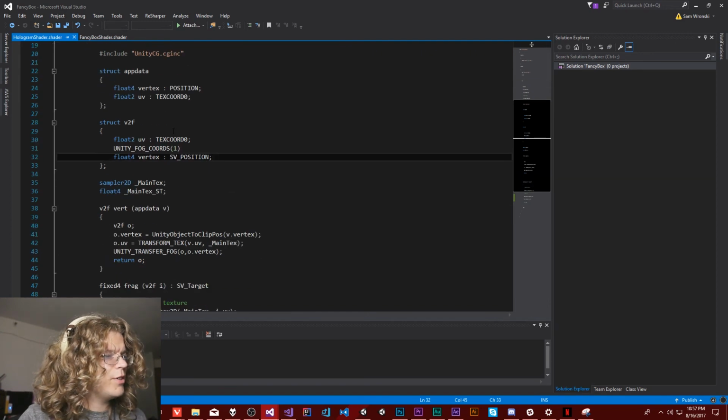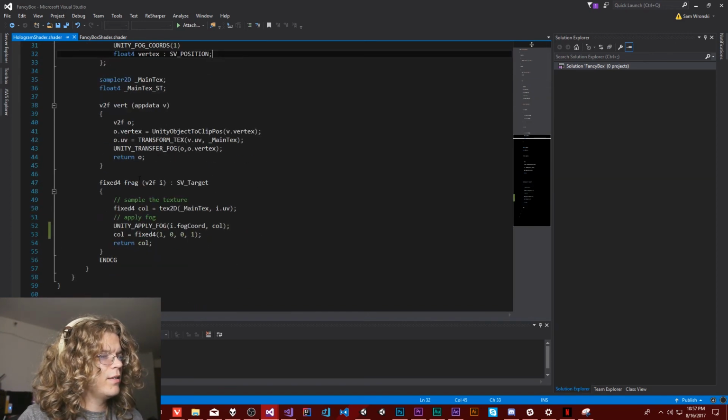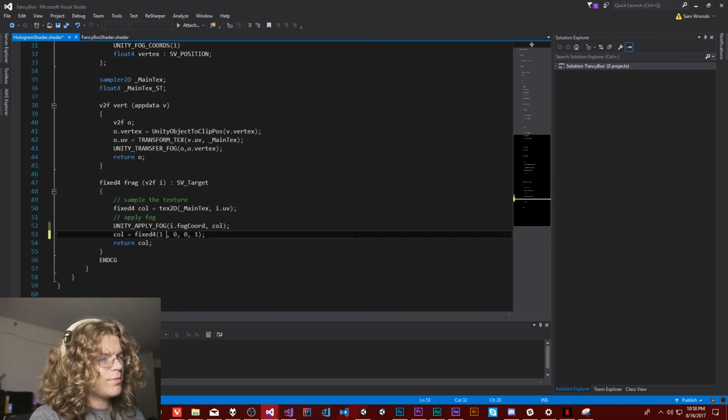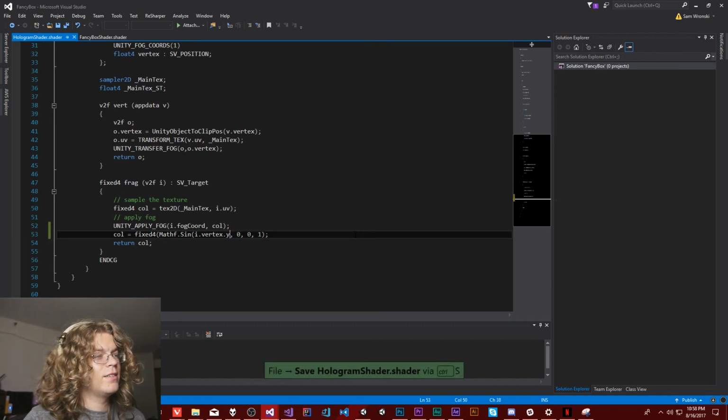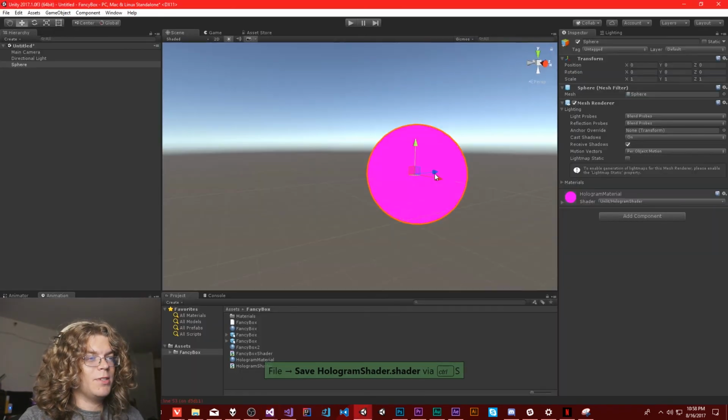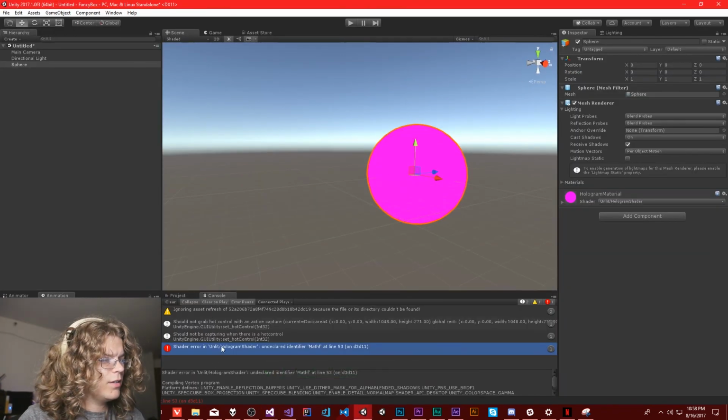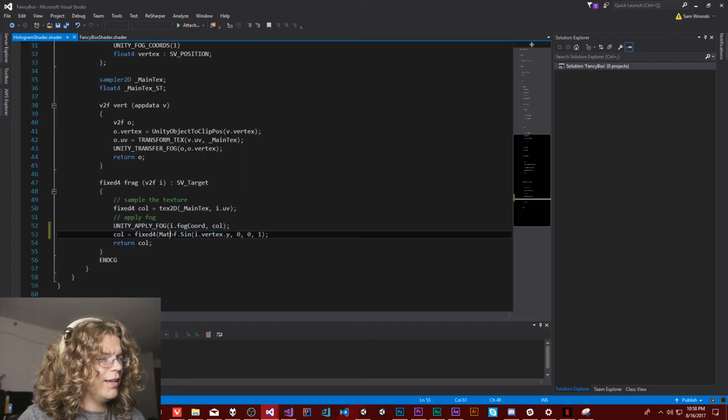What I do need is it looks like we're getting a vertex position here. So I wonder if I can just use that. So let's multiply this out. Let's just do sine, and we're just going to plug in our input vertex dot y. This should be the y position of our... what am I doing?